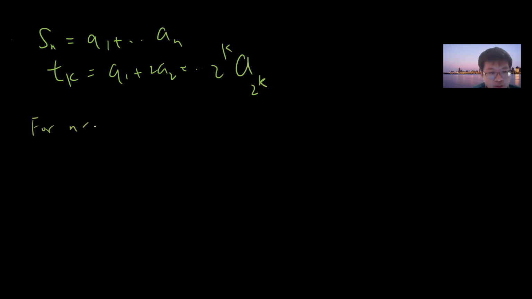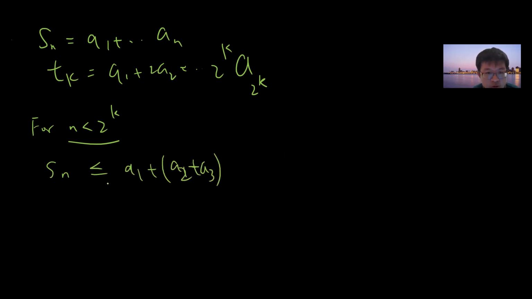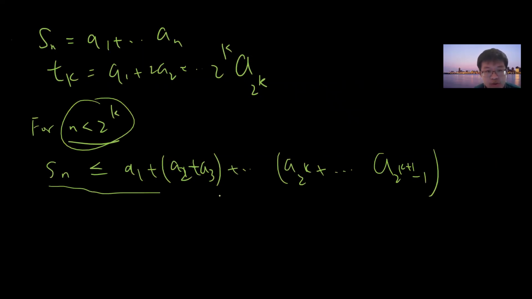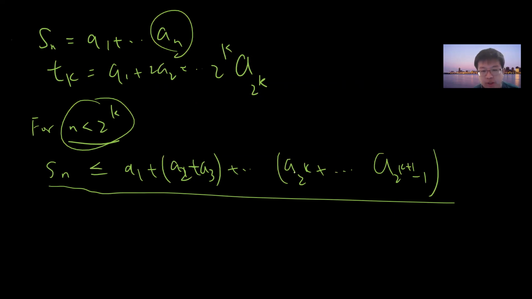And let's see. For n less than 2^k, we look at Sn. Sn is less than or equal to a1 plus (a2 plus a3) and so on, up to the terms from a_{2^k} to a_{2^{k+1}-1}. Sn only adds up to a_n, but since n is less than 2^k, I can bound Sn by adding more terms.